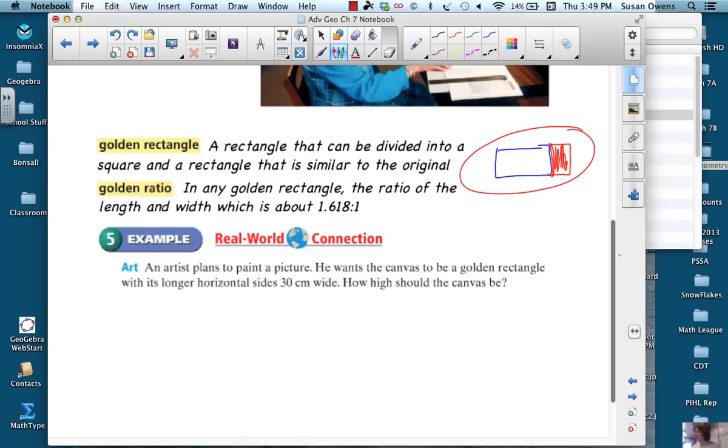In any golden rectangle, there's a golden ratio, and it's the ratio of the length to width, which is about 1.618. You are allowed to use that in word problems and things like that, but we also want you to know the exact value, which is 1 plus root 5 over 2.